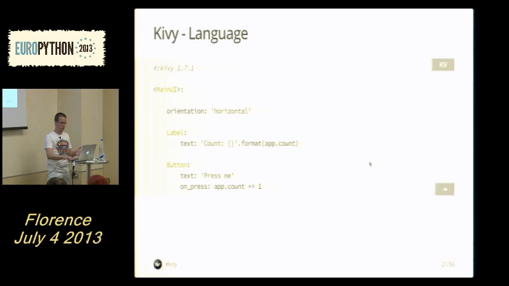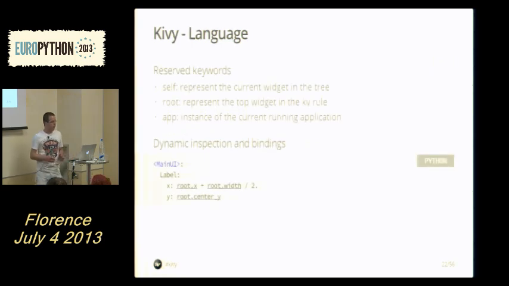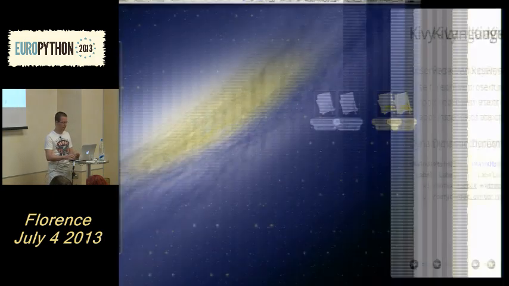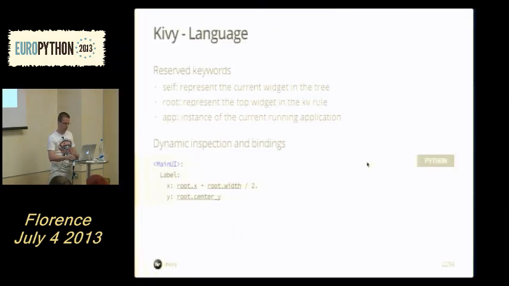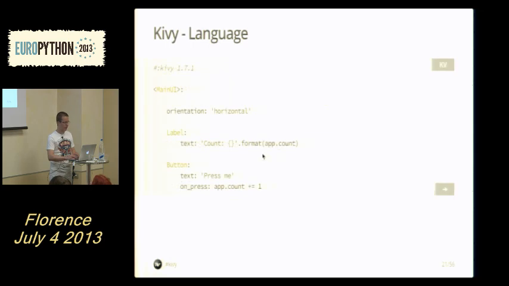So that's the language. The language is doing a lot of things. First, we have a few reserved keywords, like self, root, app. Like here, in this expression, if I put self, it will reference the label.